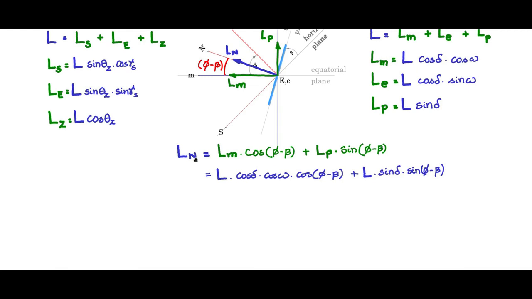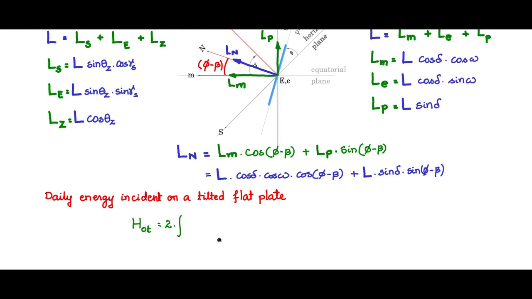So therefore, we can now find out the daily energy incident on a tilted flat plate, and that is nothing but H. We will now call it H naught T. H naught, we had used that symbol for energy on a horizontal plate. H naught T, energy incident on a tilted flat plate, is equal to 2 times integral 0 to omega SRT.